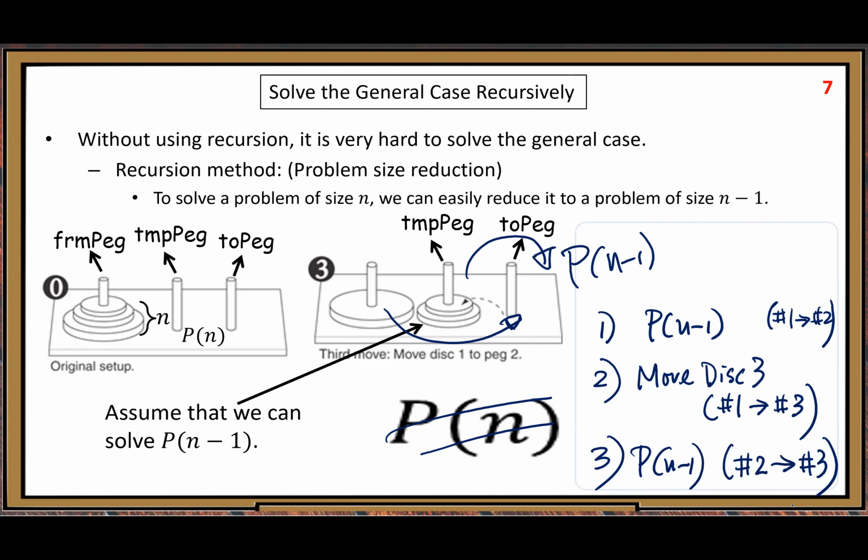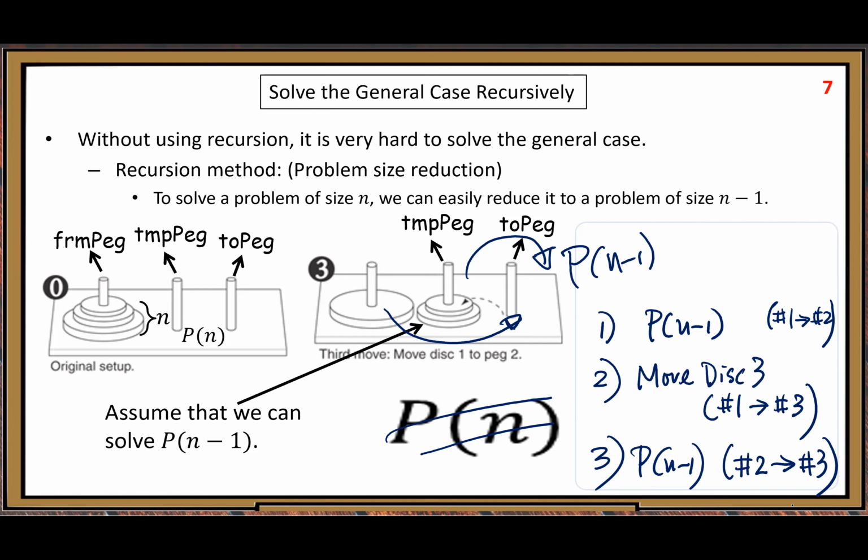Here you can see we intentionally hide the details of P of n minus 1 because we have the confidence the details can be recovered later. So we don't worry about the details. We just take the whole package, P of n minus 1, and we apply it.